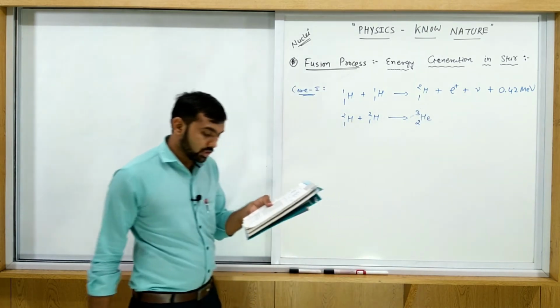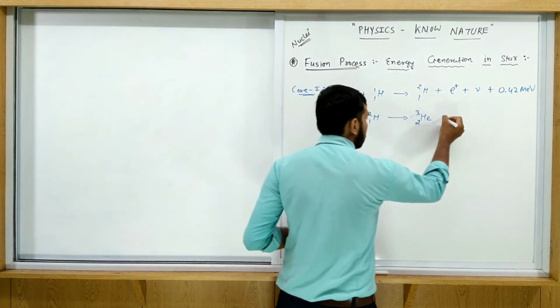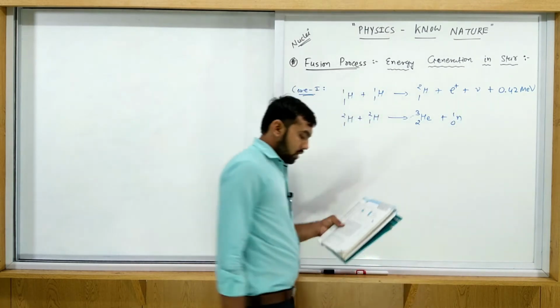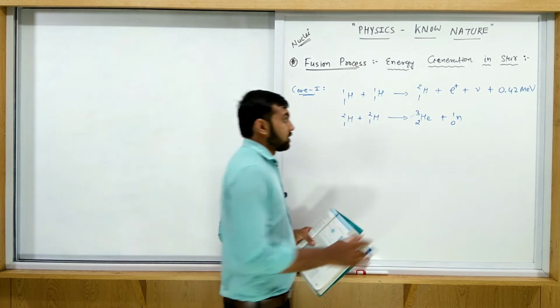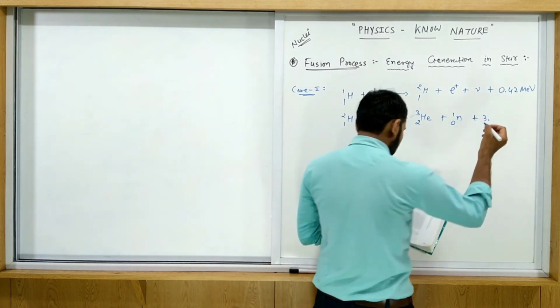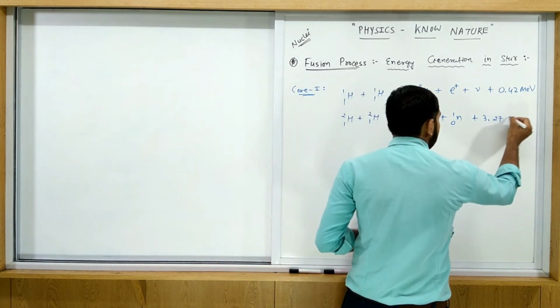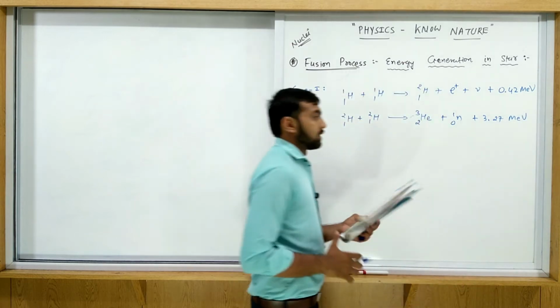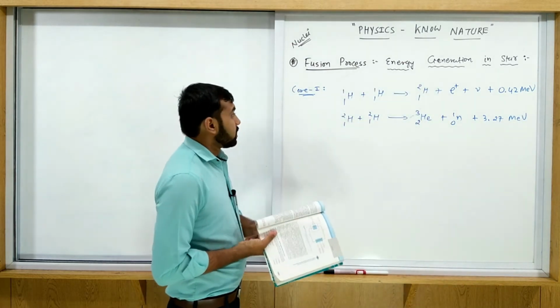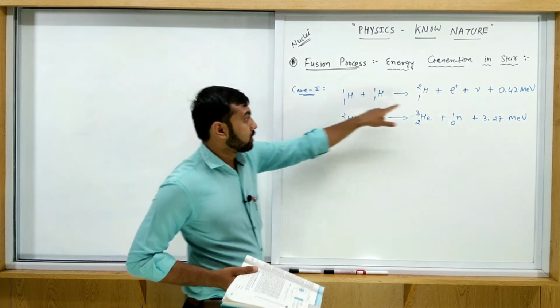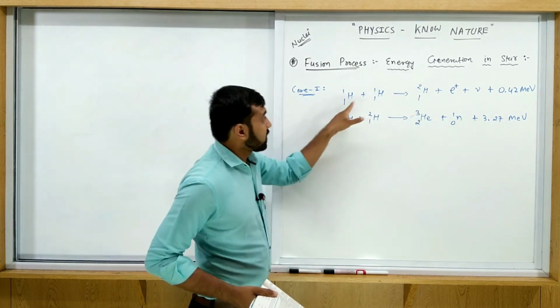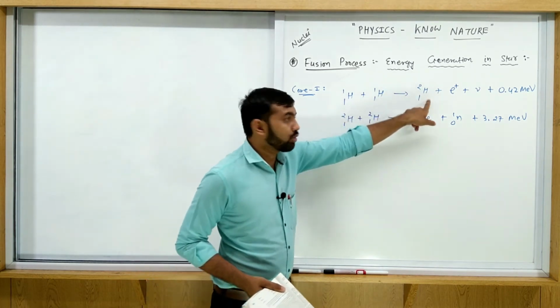It is formed 2He3 with one neutron, and in this process 3.27 MeV energy is released. If you consider this process, first this process occurs, one deuterium is formed. Again this same process occurs, and a second deuterium is formed.